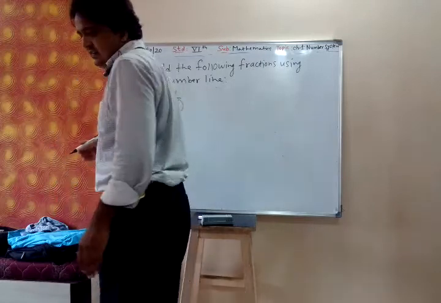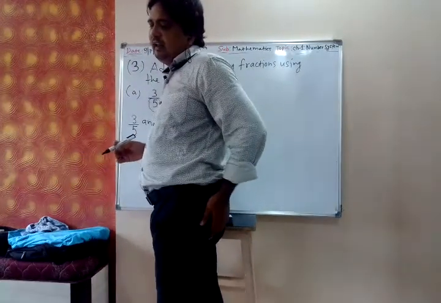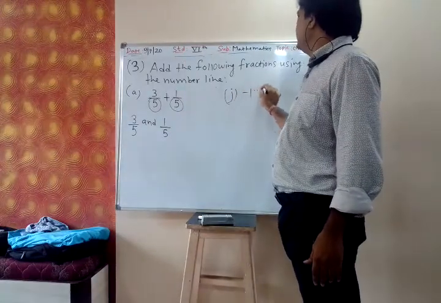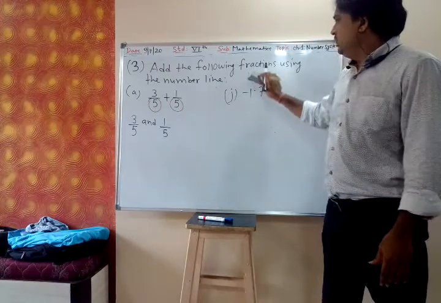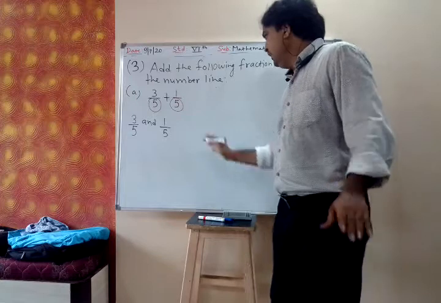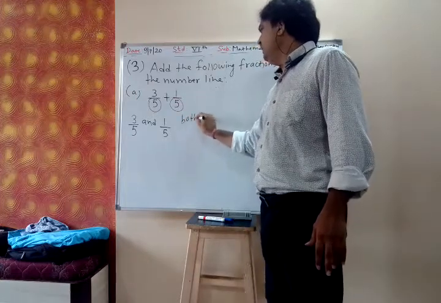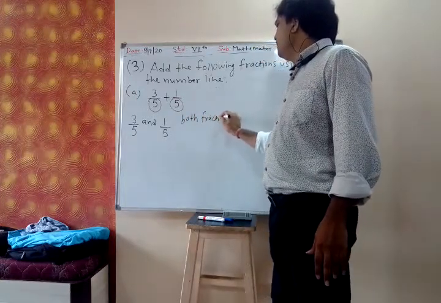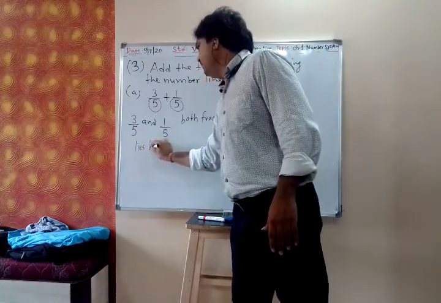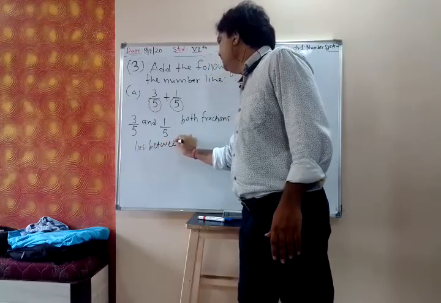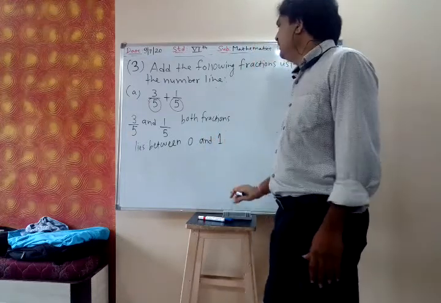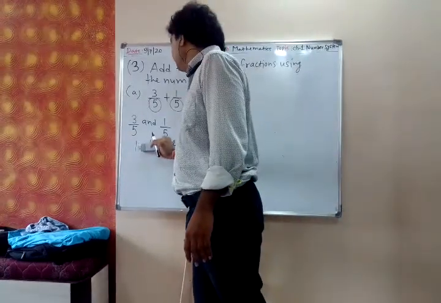So 3 upon 5 and 1 upon 5, both fractions lie between 0 and 1.